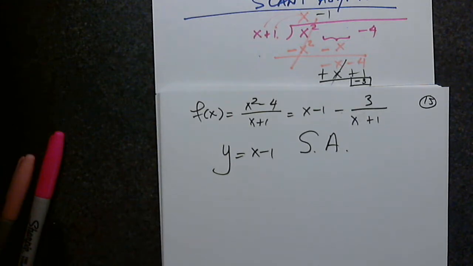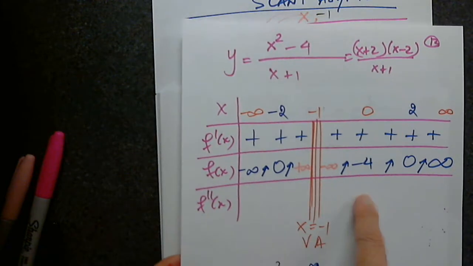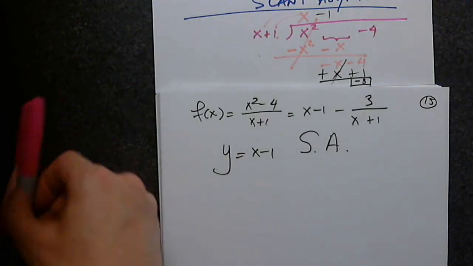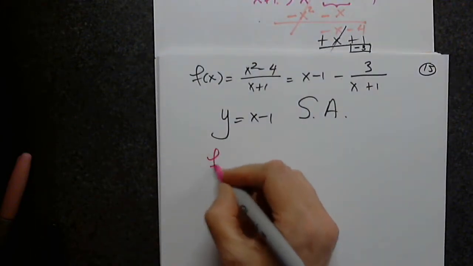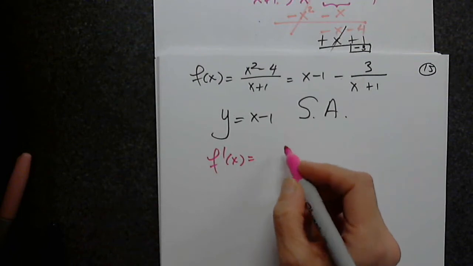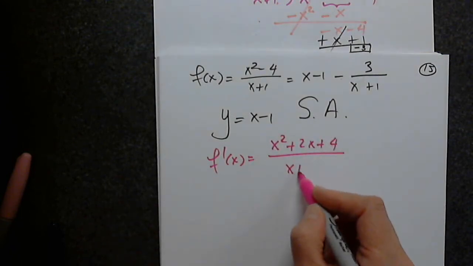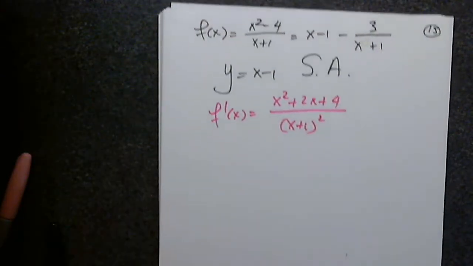Okay, finally, we want to be able to fill this in. So we're going to find the second derivative. I wasn't looking forward to that, but let's do it. So the first derivative is x squared plus 2x plus 4 divided by x plus 1 squared. Let's see what we come up with.